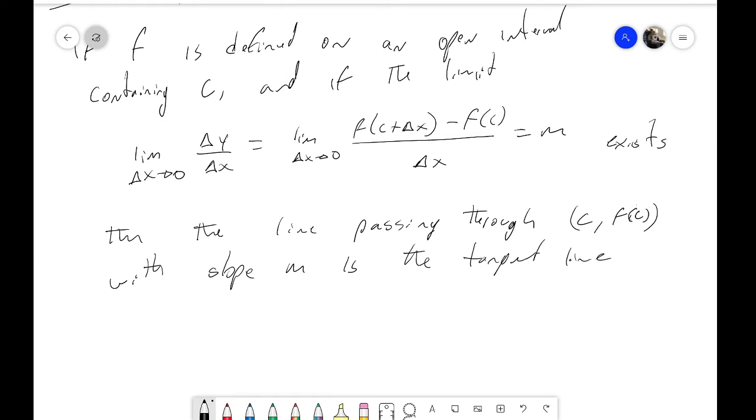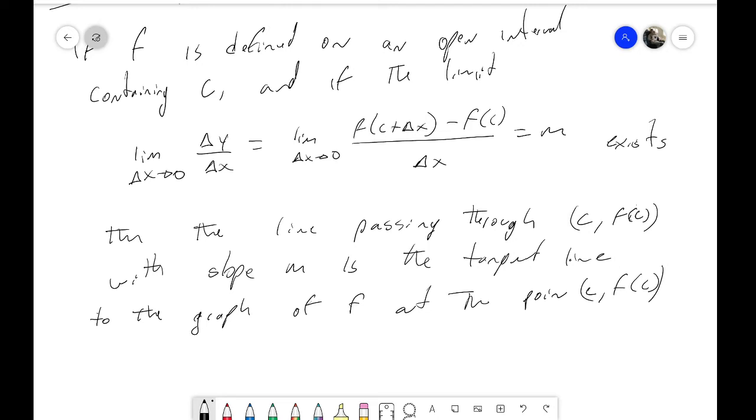Just a tangent line to the graph of f of x at the point c, f of c.